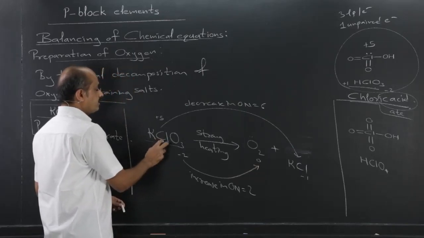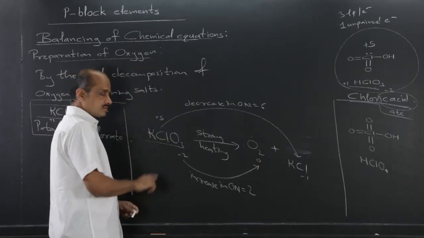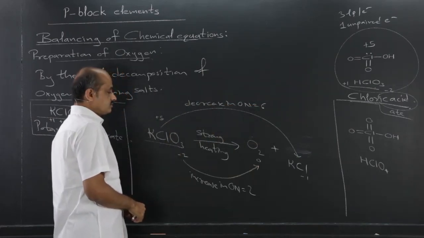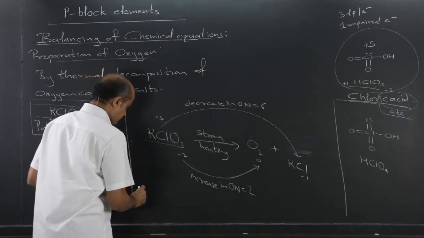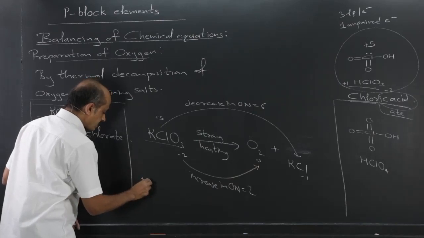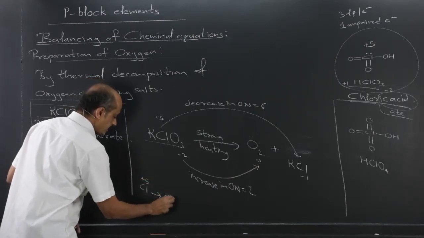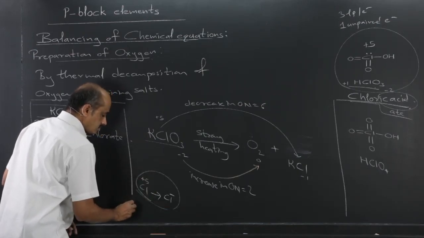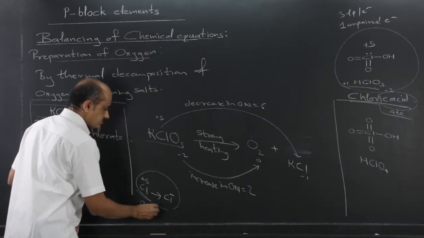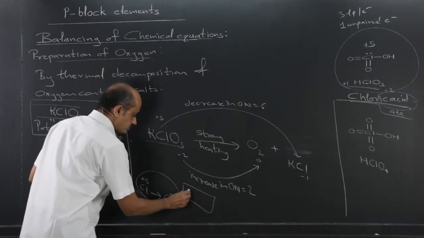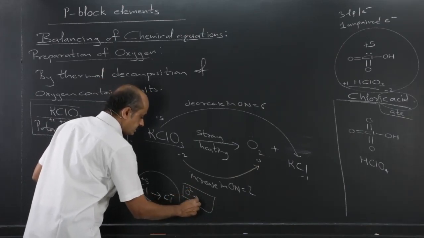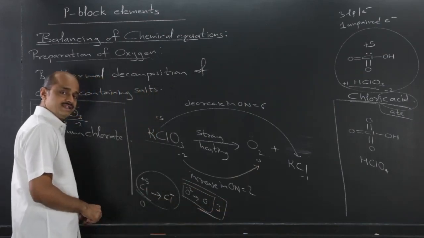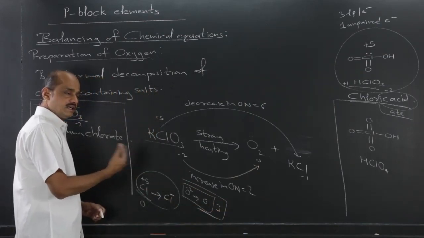So for 1 atom of chlorine, plus 5 changing to minus 1, there should be 3 atoms of oxygen, minus 2 changing to 0. Balancing total donated electrons and total gained electrons.